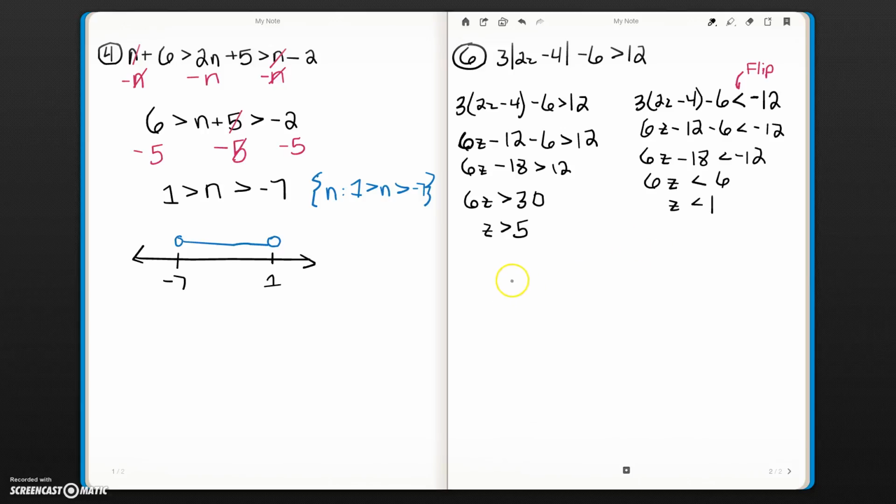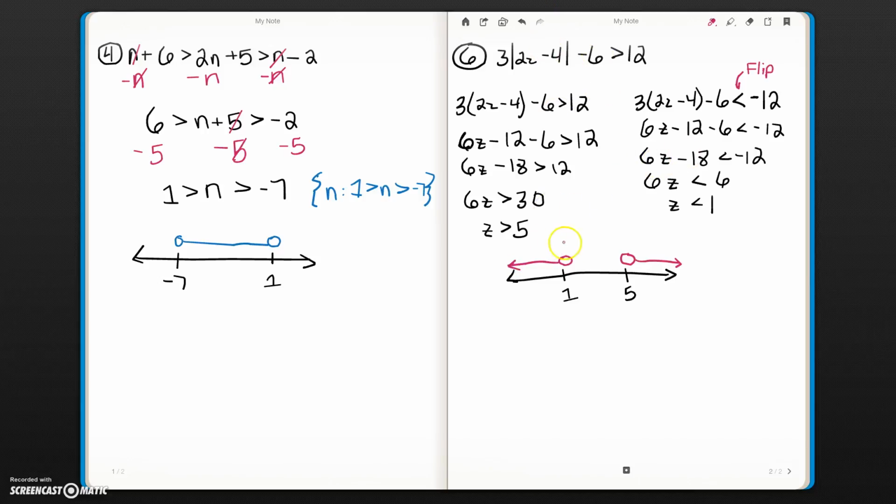All right. So now on our number line, our potential solution set. We got 1, then we got 5. Our potential solution is 5 not including and greater than, and 1 not inclusive and less than.